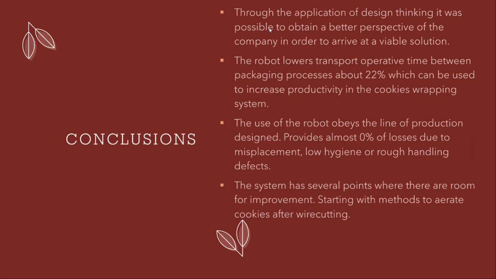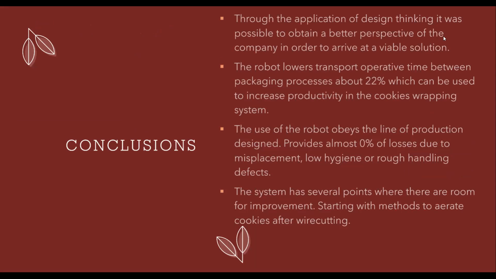So now, in conclusions, through the application of design thinking, it was possible to obtain a better perspective of the company in order to arrive at a viable solution. The robot lowers the transport operative time between packaging processes by about 22%, which can be used to increase productivity in the cookie wrapping system.